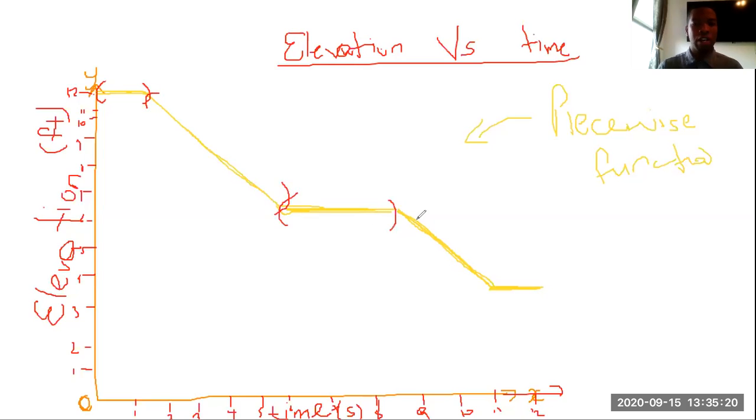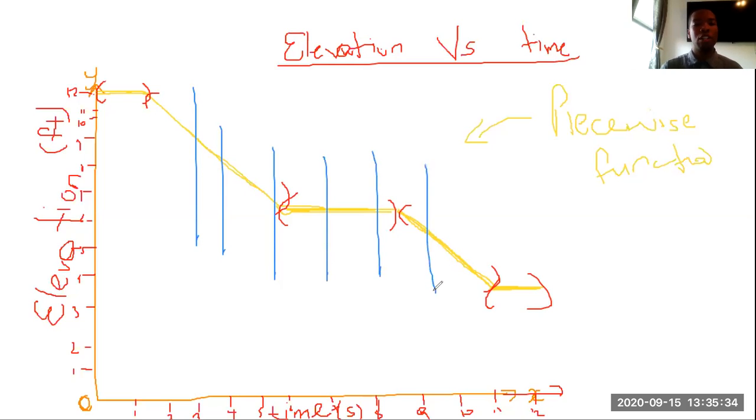It's not just one straight line, it's multiple lines. And if we wanted to do the vertical line test, we know that this passes the vertical line test because there's no overlapping. If you go all across, you realize that this is a function because it validates the vertical line test for all parts of it.